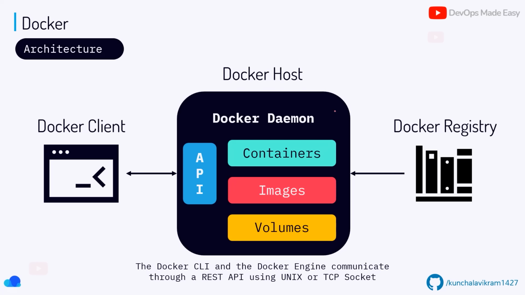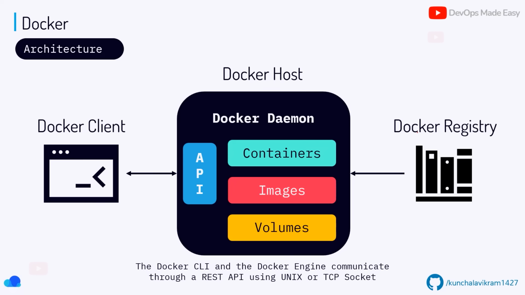Okay, and the Docker registry usually is not part of your installation, but if the daemon has to download images or store images to a registry, it can do it. The standard or default registry is Docker Hub, from where you can pull all the standard images and store your images.